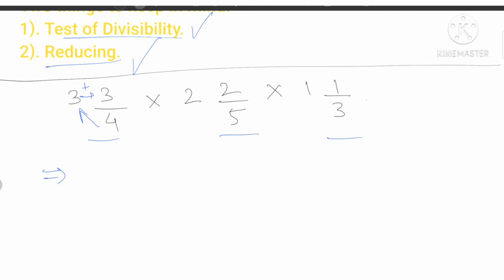This becomes 15 by 4. Then into sign, 5 2s are 10, 10 plus 2 is 12. This I have already explained, so I will not waste my time explaining this part. 3 1s are 3, plus 1, 4 by 3.